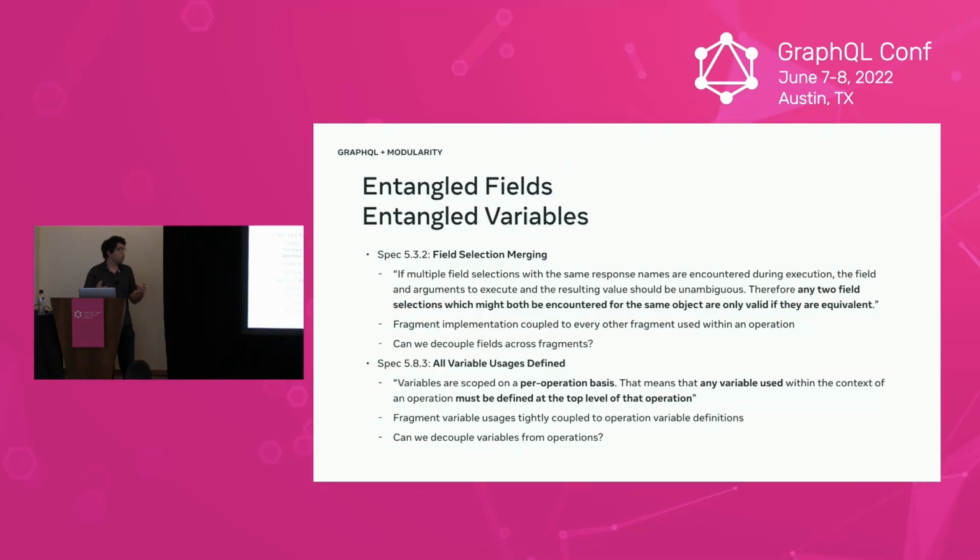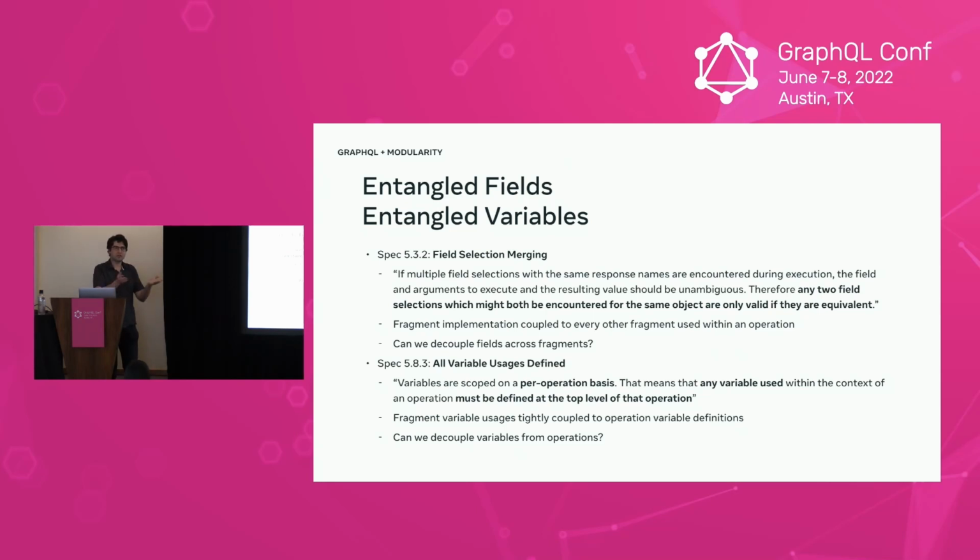We are trying to get these concepts of modularity into the spec. At its core, the spec itself describes how we are forced to entangle both fields and variables across fragments and operations. So in spec 5.3.2, we have field selection merging, which says that any time within an operation that you're on the same object and your response key is going to be the same, you use the same alias or the same field name, that field must be identical.